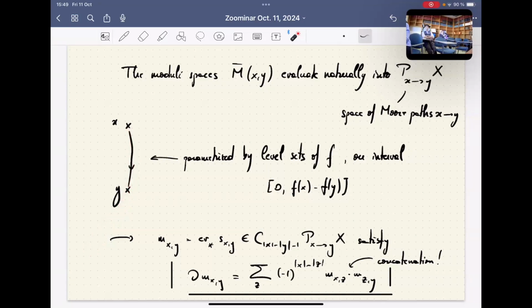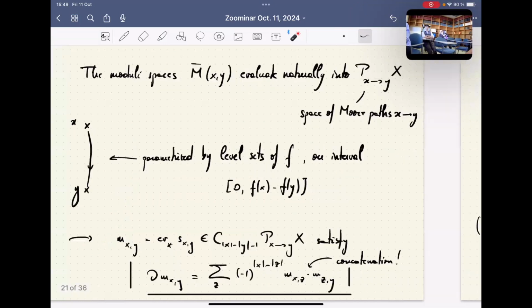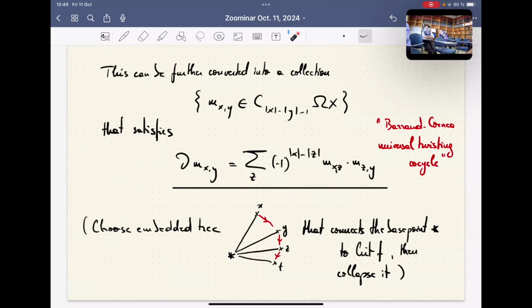And we know very well that if I fix the endpoints, the space of paths between two fixed endpoints is homotopy equivalent, actually homeomorphic, to the base loop space. So we can further turn this collection into a collection of chains on the base loop space. This collection of chains satisfies the same equation, where now we have concatenation, which is the product structure on base loops.